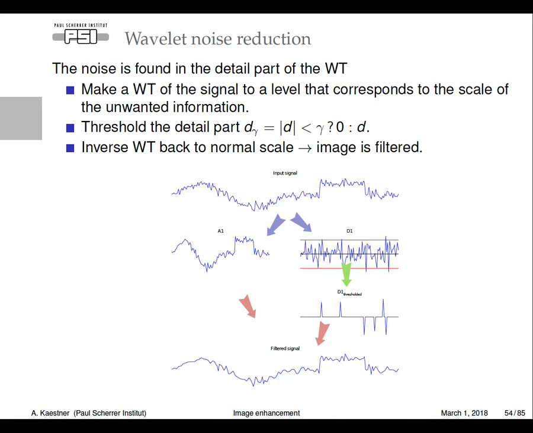Looking now at using this for noise reduction, then you have the signal that you want to decompose in 1 or 2 levels. Now I only did 1. So I have the trend here, I have the detail, and then I say all signals that are within this band of a threshold, they are considered to be noise. Everything that peaks out must be some relevant information in the image.